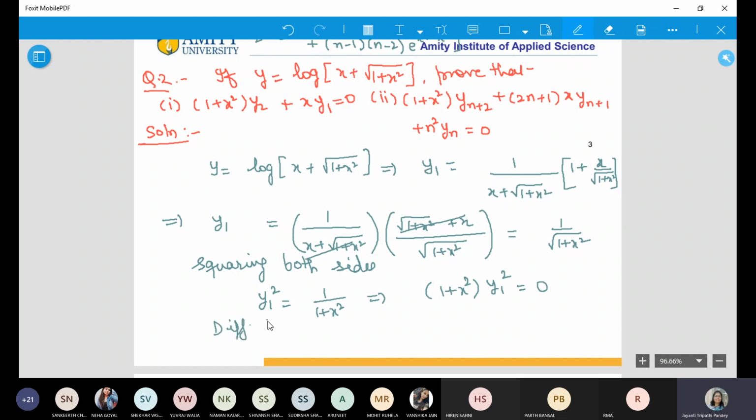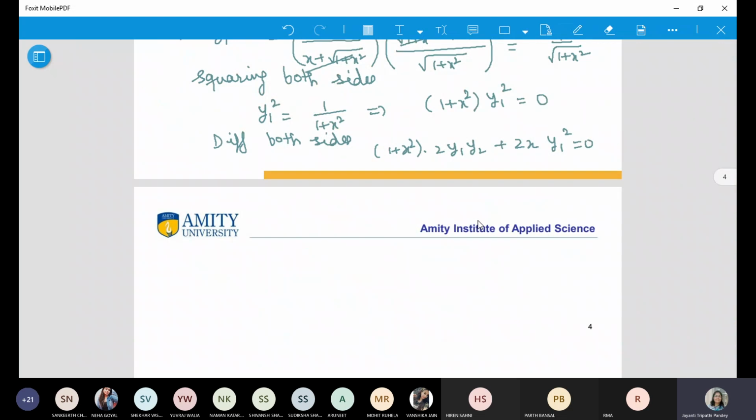Differentiate both sides. So you'll get 1 plus x square, 2 y1 y2... Please let me know if you can find some error.